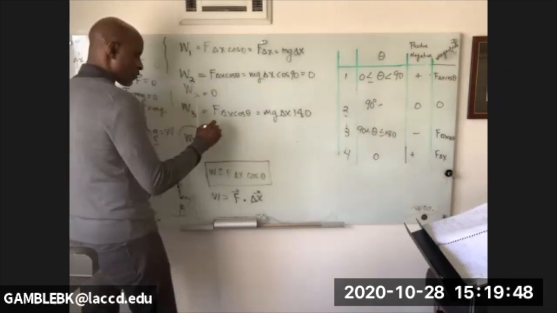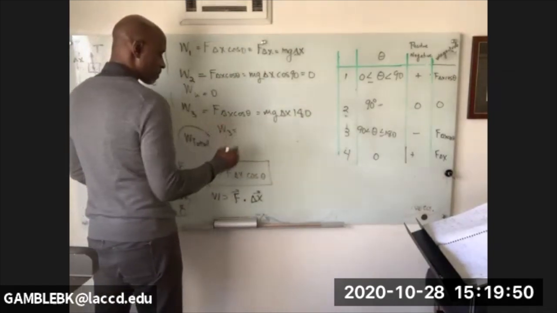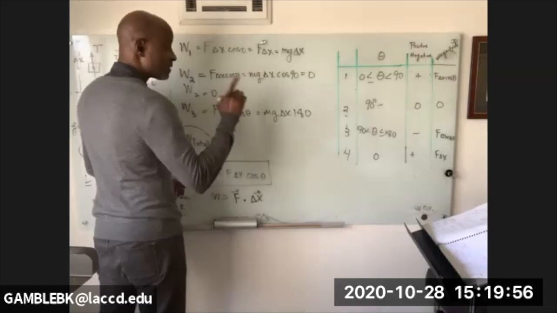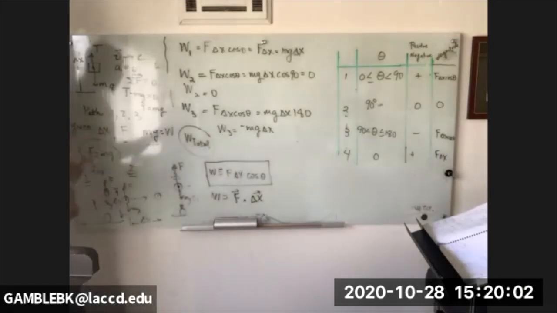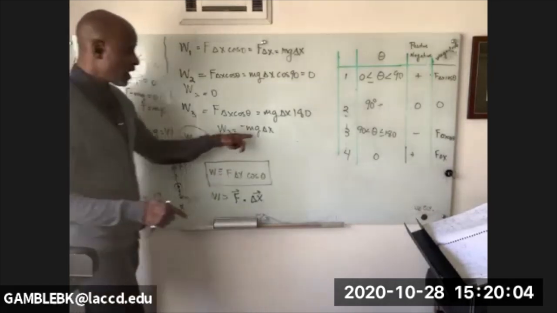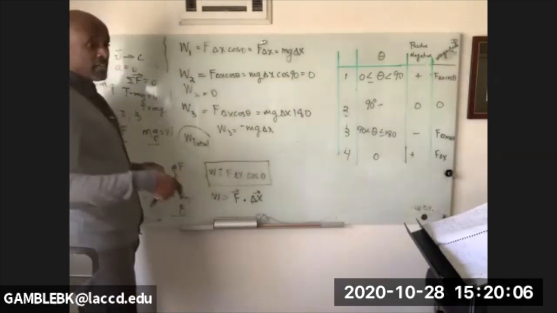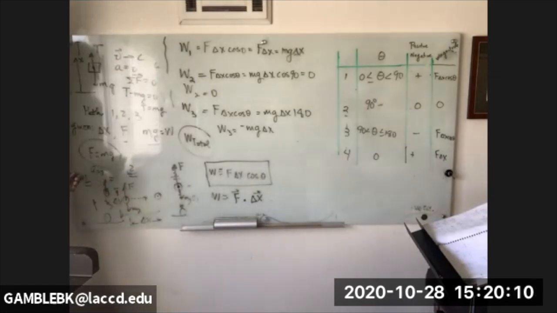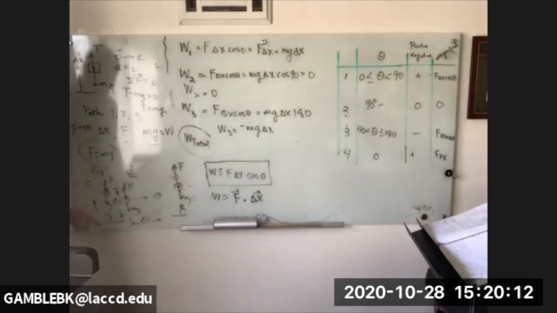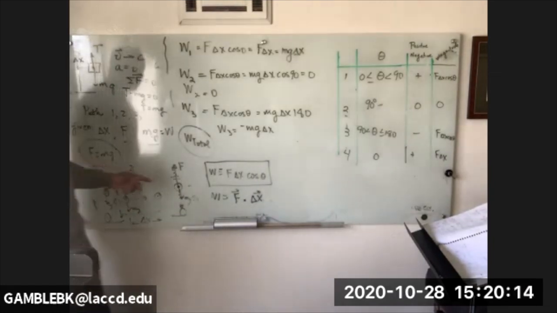So what is the amount of work done in step 3? It's negative mg delta x. Yeah. Remember, mg is a force, it's not work, and it has units of newtons. But mg delta x is work, and it has units of joules. Wonderful. So in path 1, I do positive work.